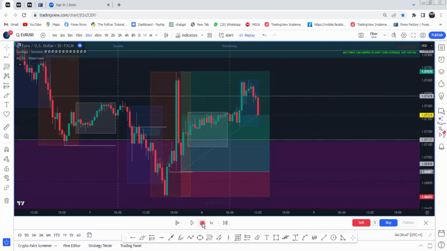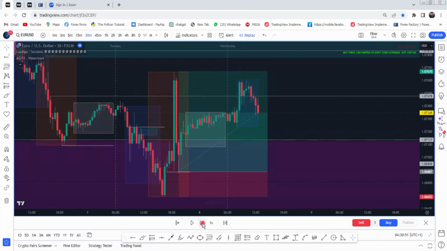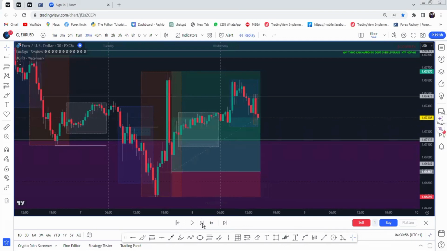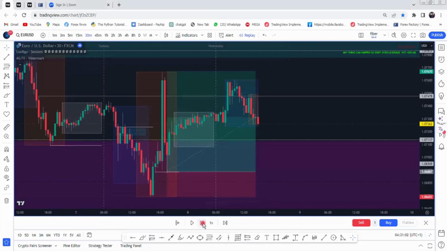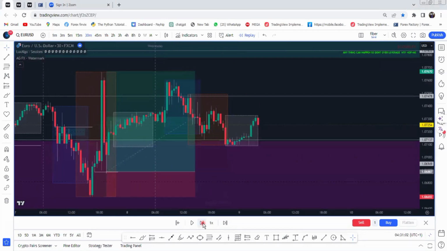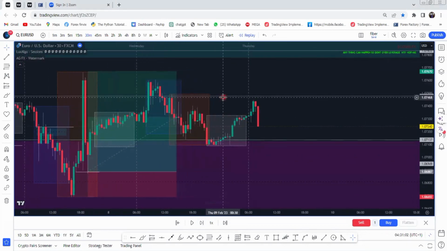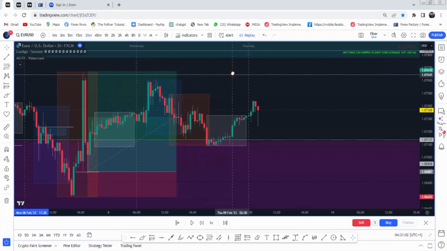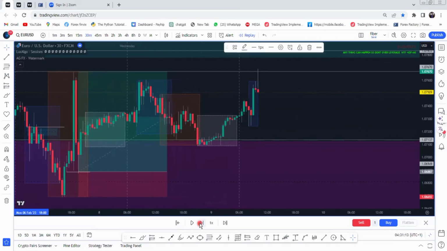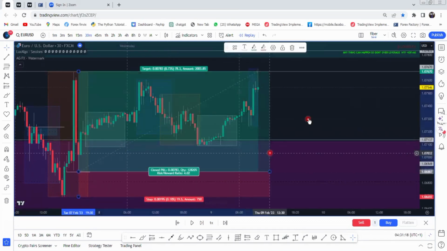They are going to smell our TP and it's coming back down. Our TP is right up here. So let's see. Okay, so our TP has been hit.